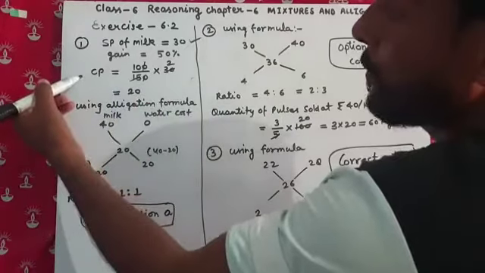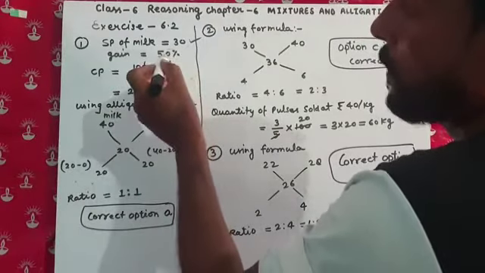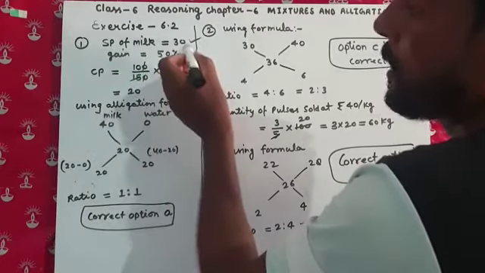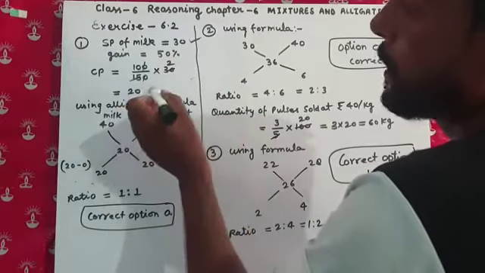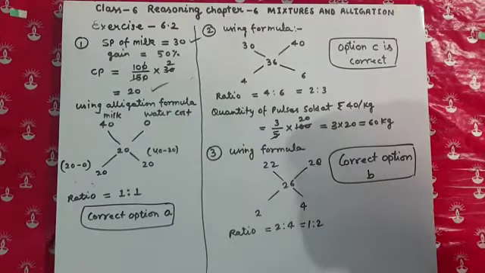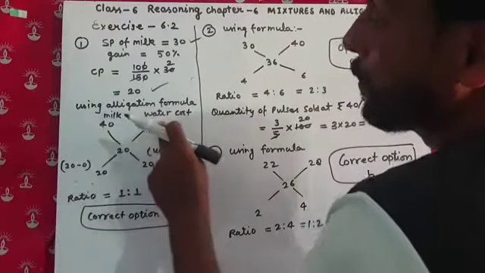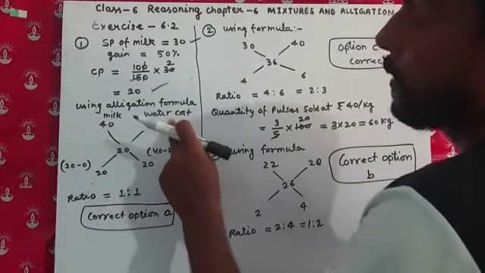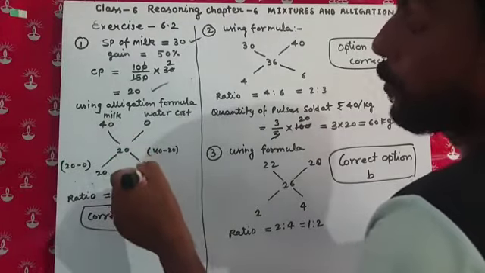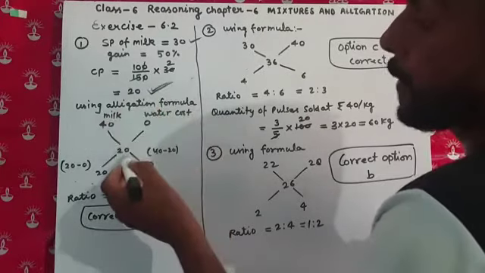So the selling price of the milk is 30 rupees and the gain is 50%. So the cost price of the milk is 100 upon 150 into 150, meaning after gaining it becomes 100 plus 50, so 150, and SP is given as 30. So according to this, the cost price per liter of milk is rupees 20. Now using the alligation formula, milk costs rupees 40, water costs 0, and the mixture price is 20.